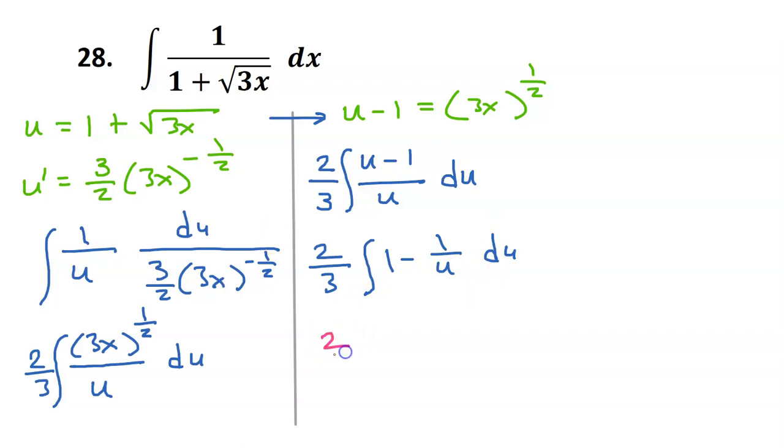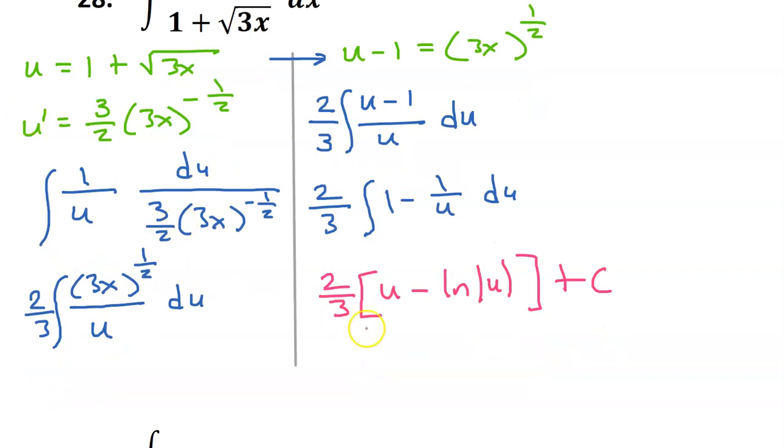We have the 2/3 out in the front, and then we have the integral of 1 will be u, and the integral of 1 over u is the natural log of u plus c. I'm going to go ahead and put the plus c out here. Let's substitute the original expression back in for u.